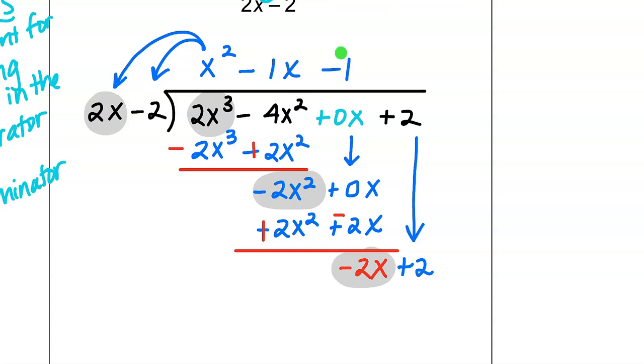I'm going to distribute that through. Negative 1 times 2x is negative 2x. And then negative 1 times the negative 2 is plus 2. Going to subtract, draw my line, and change all signs. And then that gives me a remainder of 0.